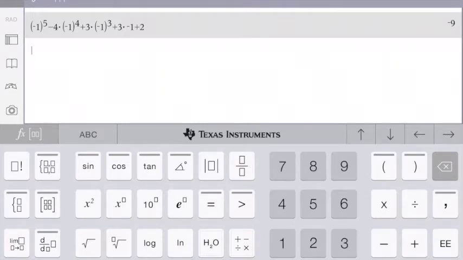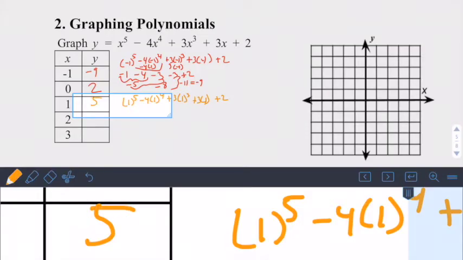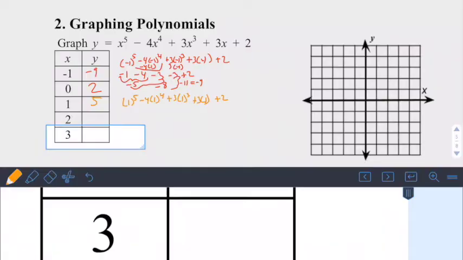So there's my -1, and all I got to do is come up here and copy it and hit enter, and we'll copy it down, and I can change it from -1 to +1. That gives me 5. Now I can do the same thing with 2 and 3.